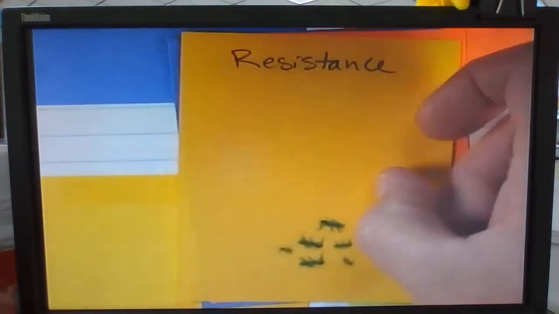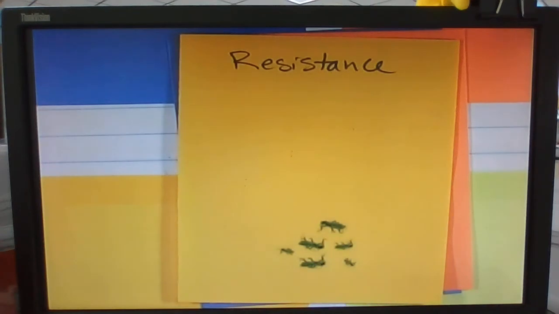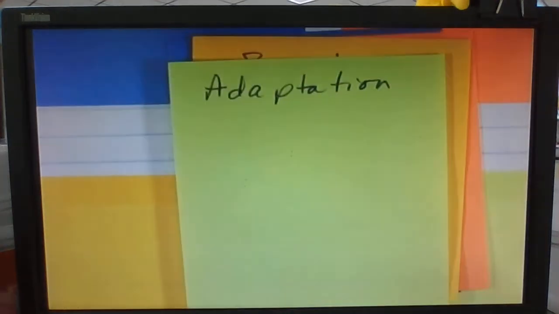On top of the yellow one, you're going to label that resistance. On top of the green one, adaptation.